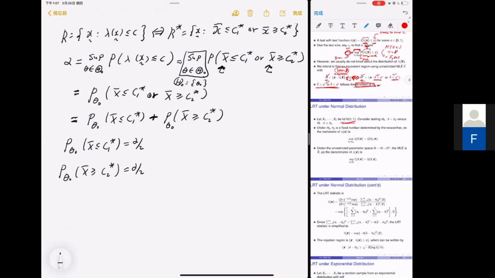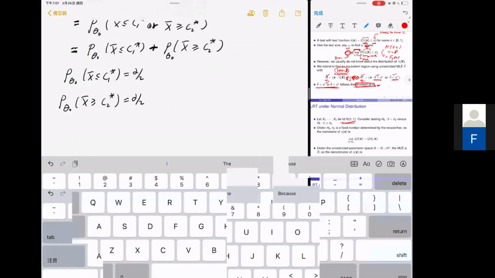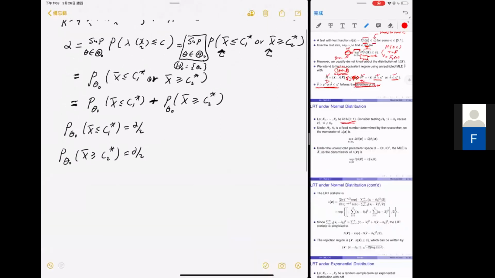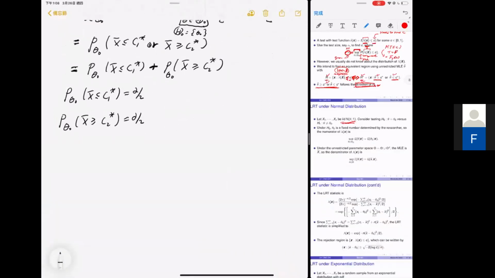But you could also do this. If you want to be really picky, you could write this guy as alpha 1 and this guy as alpha 2, such that alpha 1 plus alpha 2 equals alpha. You could do that as well. It's totally fine, but I'm trying to simplify everything as much as possible.